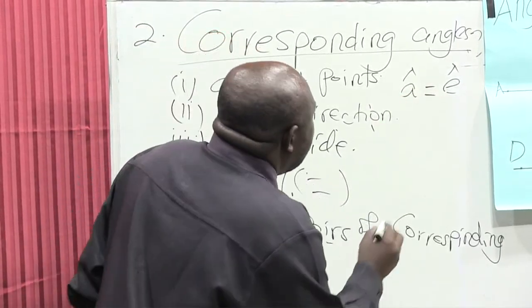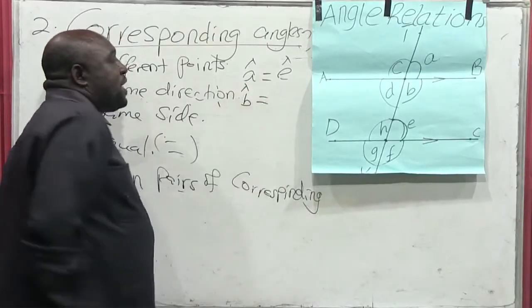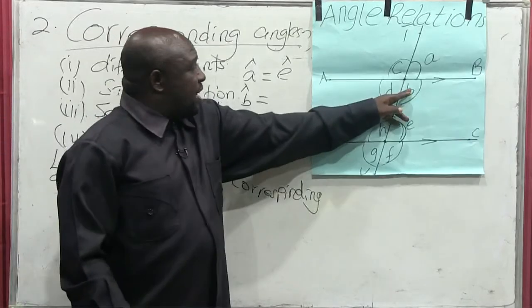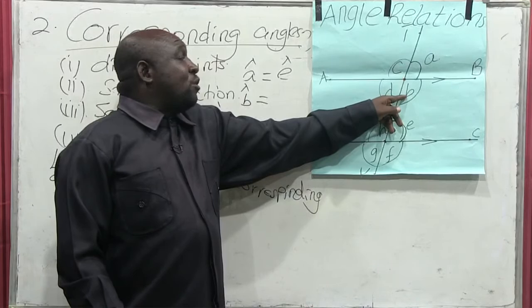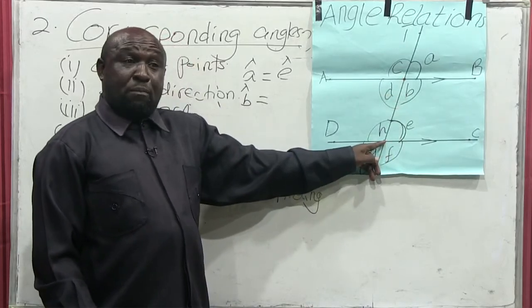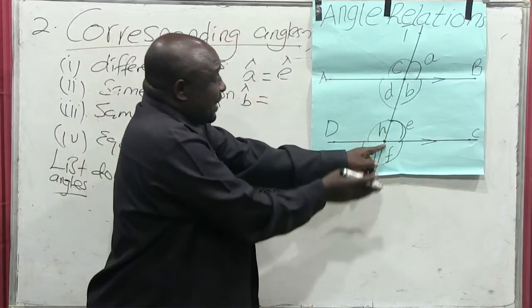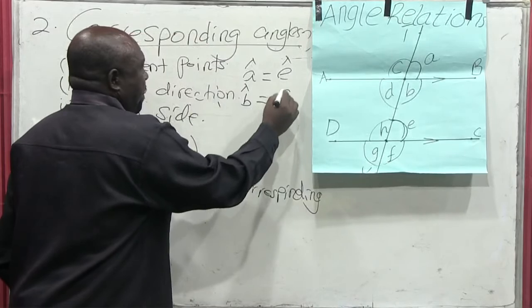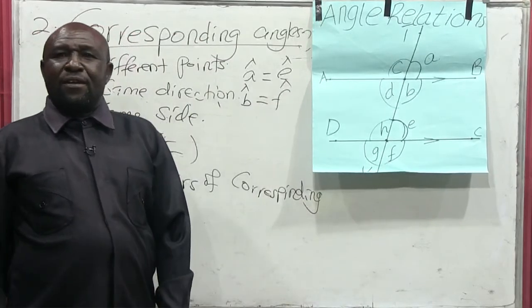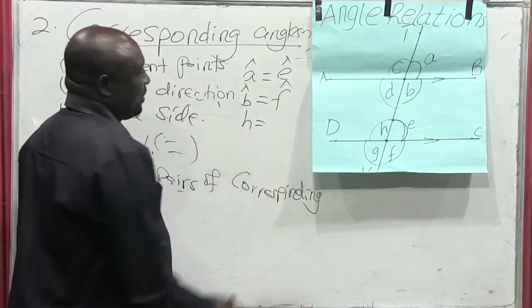Now, let's see another angle, B. Corresponding to B must be at this particular point. Which one looks in the same direction? It is F. Good.